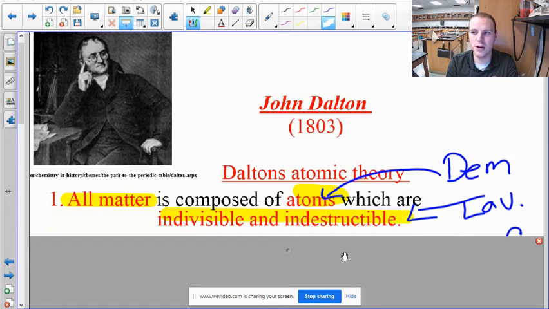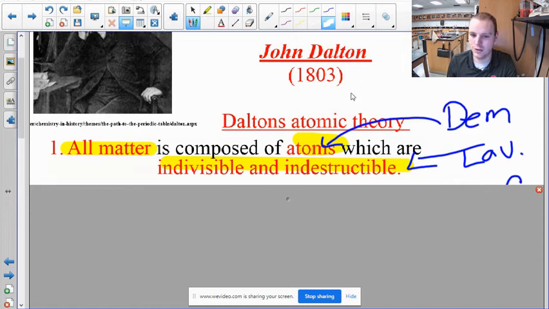Isn't that like what Democritus already said like 2,000 years ago? Like the whole atomos idea? Yep, that's right. And indivisible and indestructible? Well, that's what Lavoisier already said with the law of conservation of mass. Can't destroy mass or create it, 5 grams before or 5 grams after. Yep, that's right. Okay, cool.